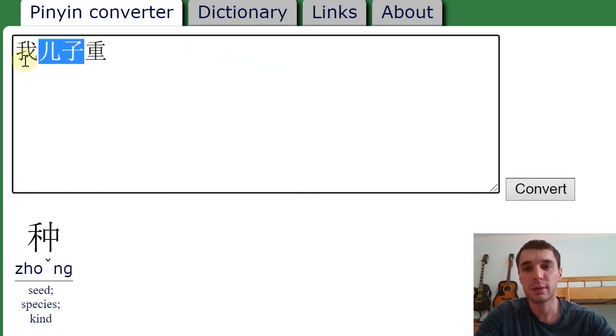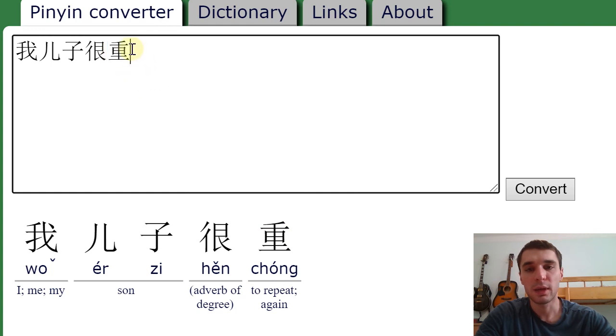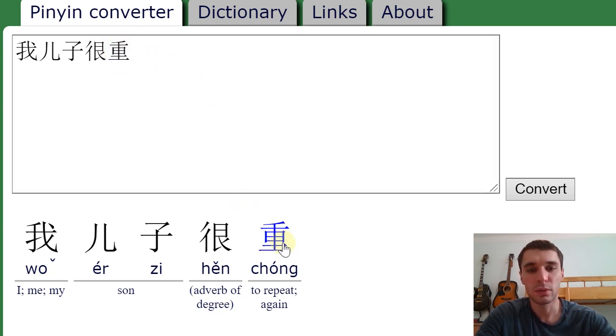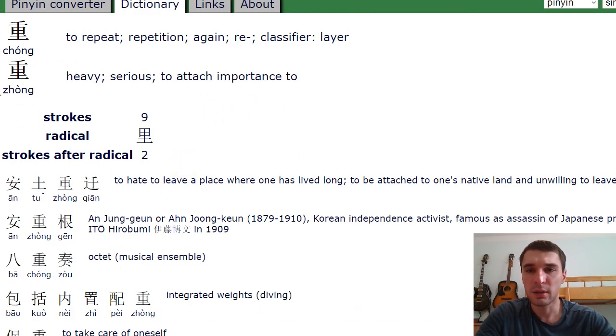And to link this noun to this adjective, I have to write 很. 我儿子很重. Yes, you can see. Here, he just wrote 重 because this character we can read in another way. We can read it 重 too. So you can see it here, I think.